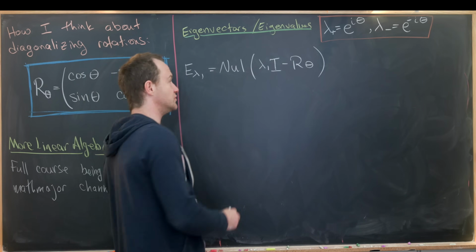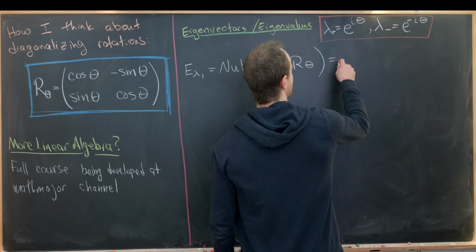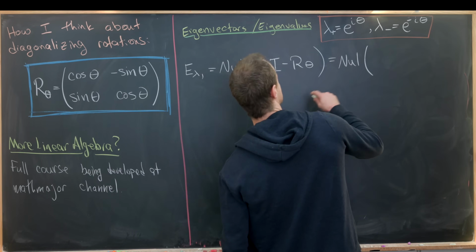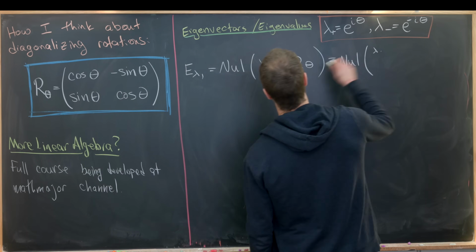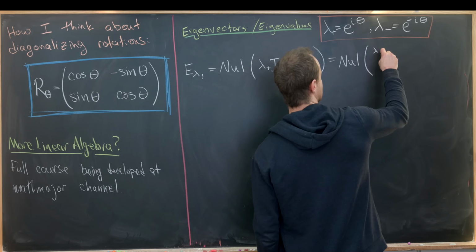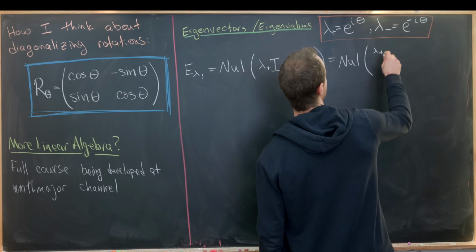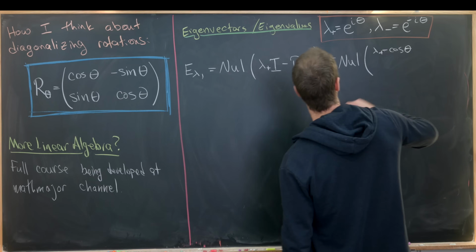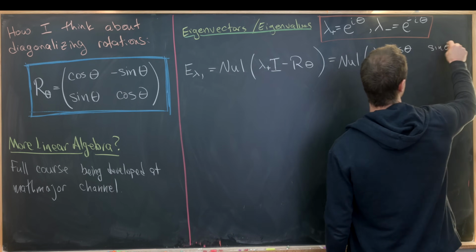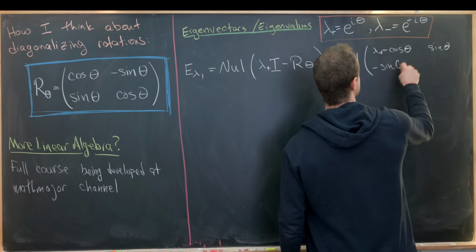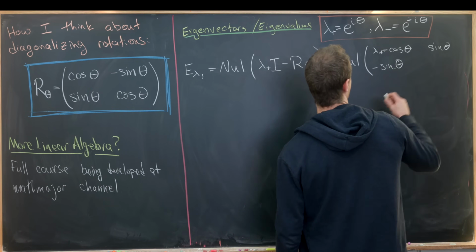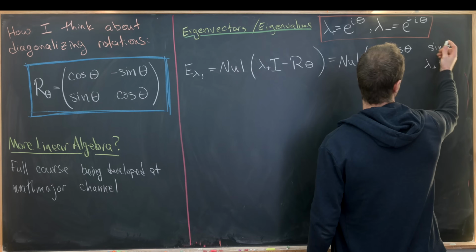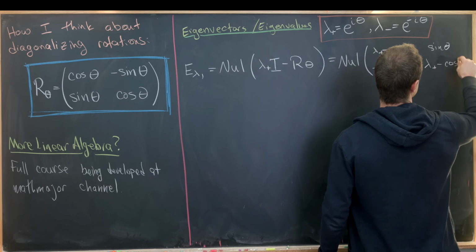Let's do that calculation. That will be equal to the null space of a matrix with lambda plus minus cosine theta up here, and here a sine theta, a minus sine theta, and finally lambda plus minus another cosine theta right here.